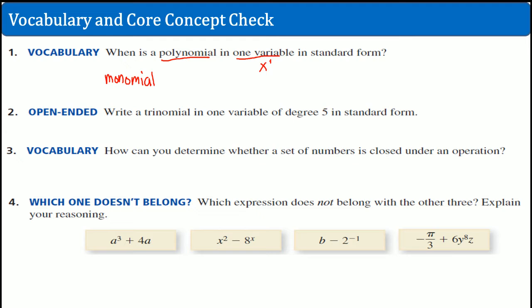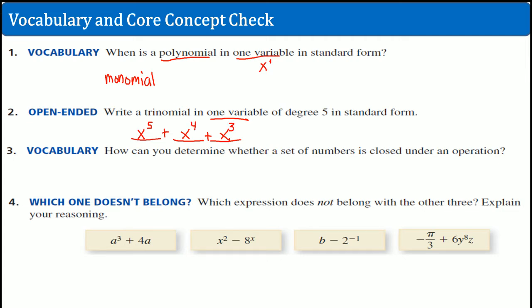Open-ended. Write a trinomial, so it has three parts, three terms, one term, another term, plus another term, with degree 5. And let's just use one variable, x. So we could just go in descending power: x^5 plus x^4 plus x^3.